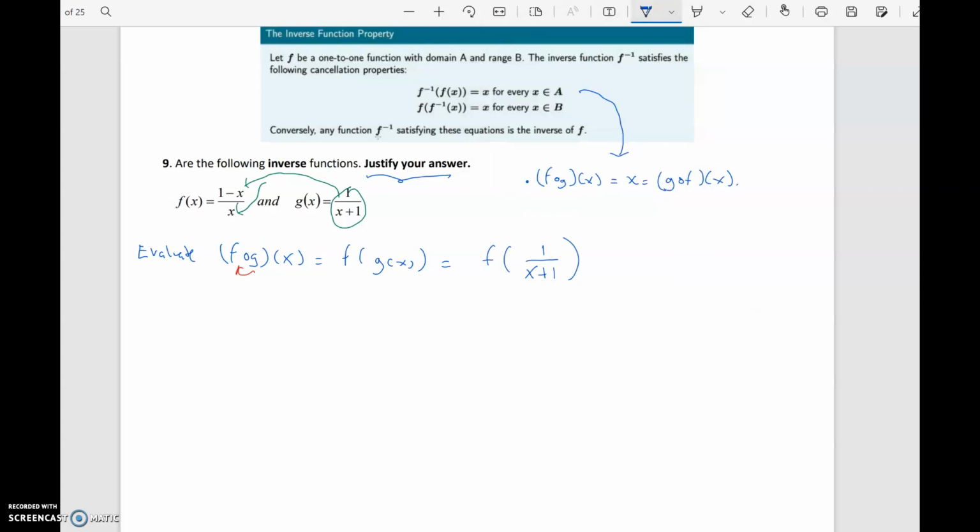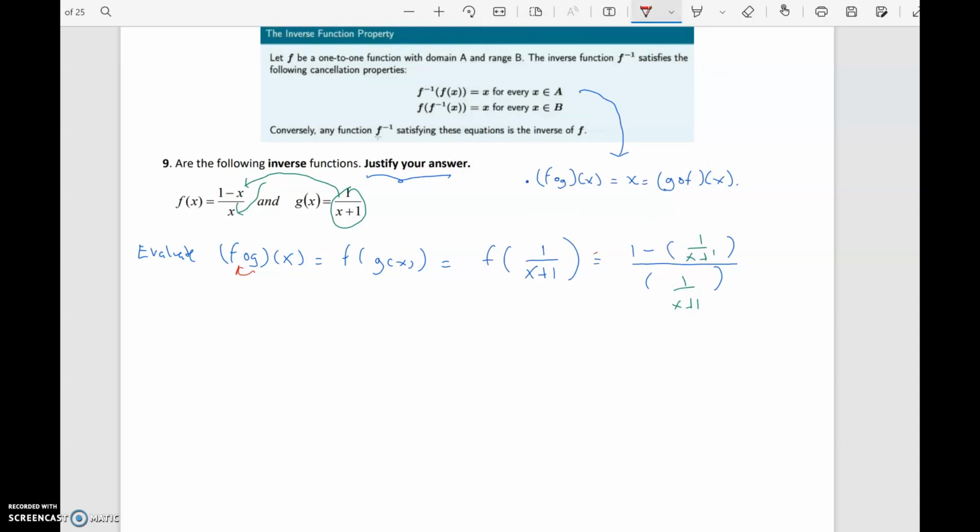So we end up with 1 minus, that's no longer going to be x, it's technically the function g. Let me write it in green so that it's clear. In this case, we end up with 1 over x plus 1, and 1 over x plus 1.